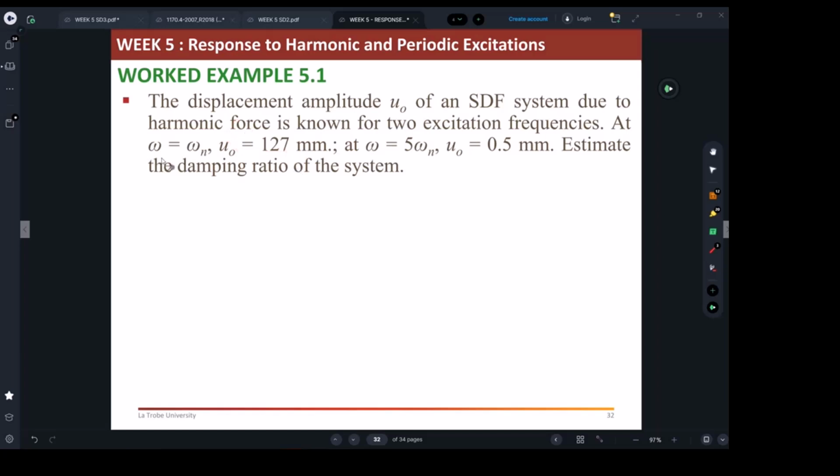They found that when the forcing frequency was equal to the natural frequency, the dynamic displacement is 127 millimeters. And when the forcing frequency was equal to 5 times the natural frequency, the displacement deformation was 5.5. They're asking you to estimate the damping ratio.